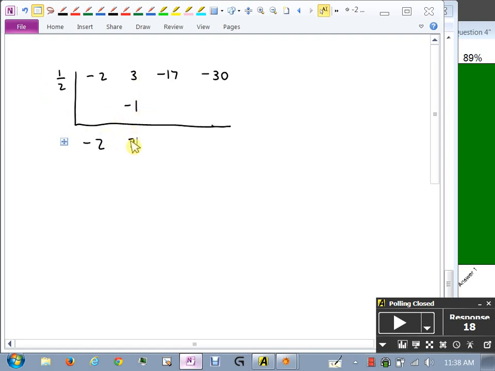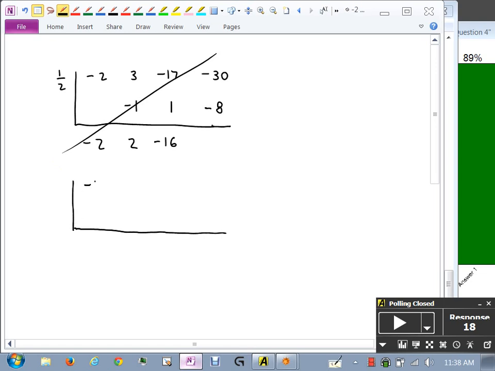What is half of 2? 1. Add straight down, you get negative 16. What is half of negative 16? Negative 8. Okay, it didn't work, but do you see how that actually works out? There's probably one like that on the homework. Was there? Yeah, may have been. I don't remember doing it, but if you say so.